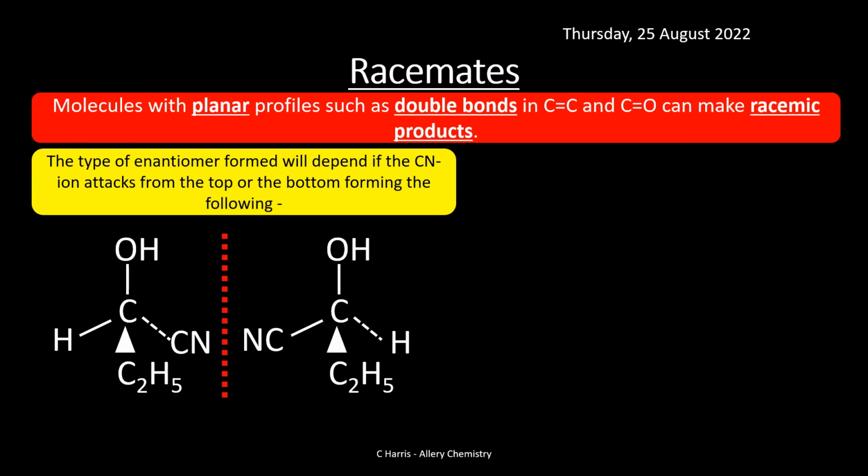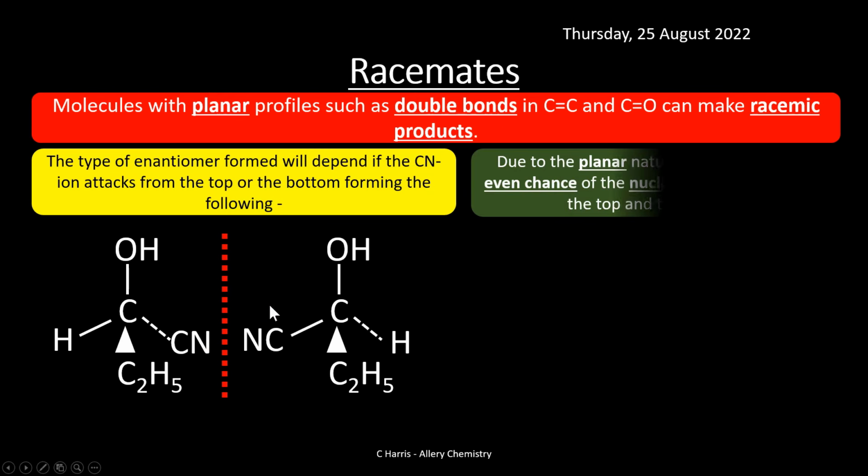So you've got two different mirror images: either the CN approaches from this side, or from that side. So you'll get this mixture of two enantiomers. Remember, they are mirror images of each other.